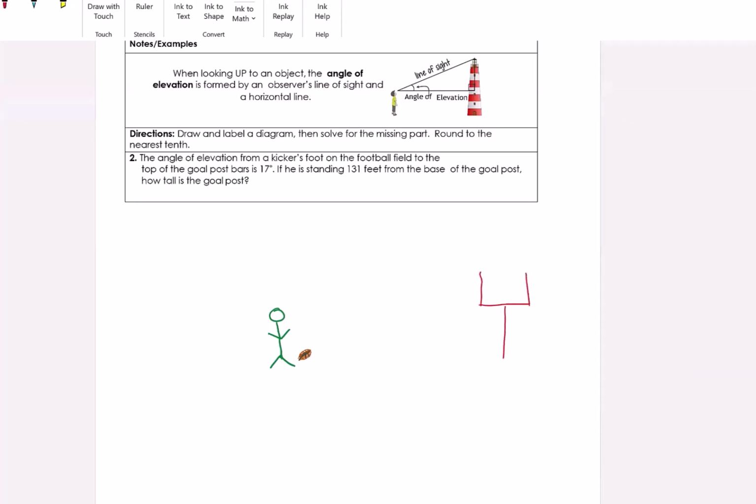And from my angle of elevation is from my foot now to the top of the goalpost, because right here it says from the kicker's foot on the football field to the top of the goalpost is 17 degrees.